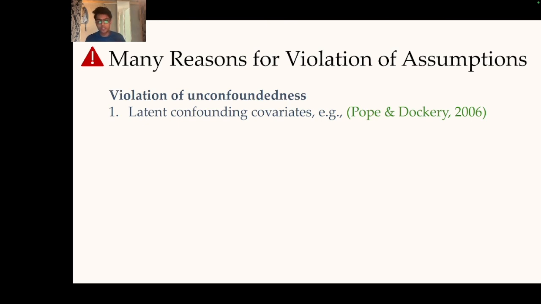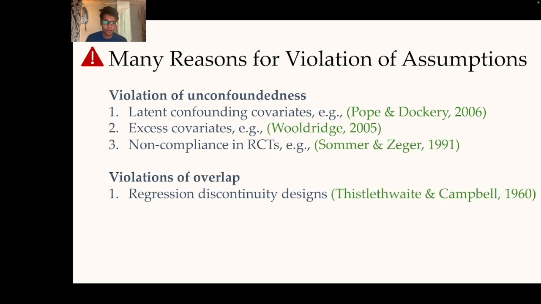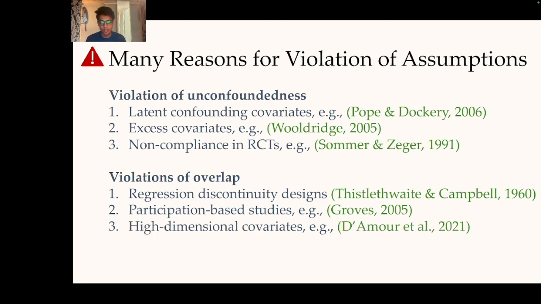And in our running example, one such covariate could be the socioeconomic status of the individuals, which is known to affect both health and tendency to smoke. Apart from this, there are many other reasons both unconfoundedness and overlap can be violated, which I'll not go into here, but they are discussed in detail in the paper.